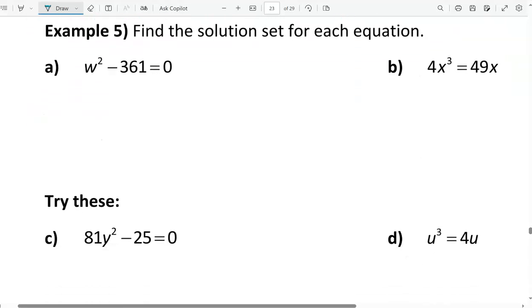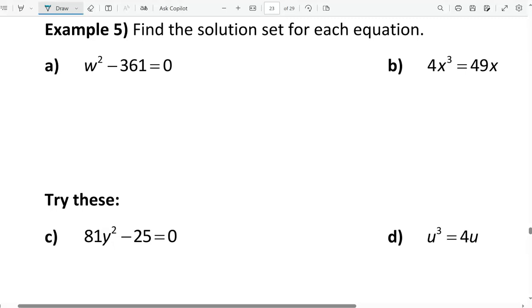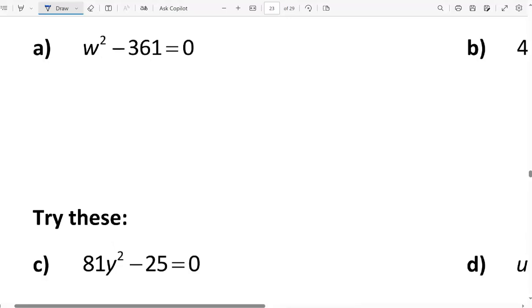In example 5, we're going to find the solution set for each equation. We're going to continue to utilize factoring as a method to solve each of these equations. In A, we have a binomial w squared minus 361 equals 0. Recognize that 361 is 19 squared.